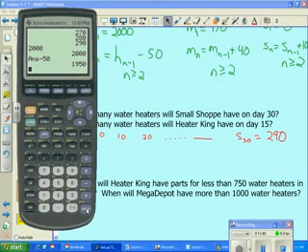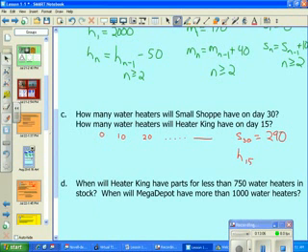So 2000 was my day 1, 1950 was my day 2. Just keep hitting enter. On day 15, so this would be H sub 15, we have 1300 heaters.